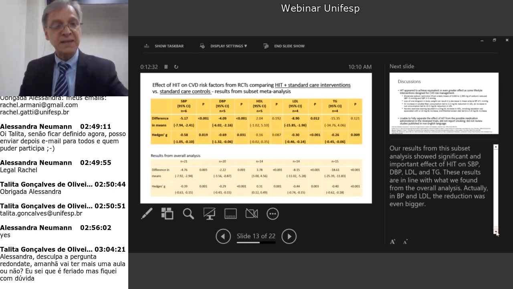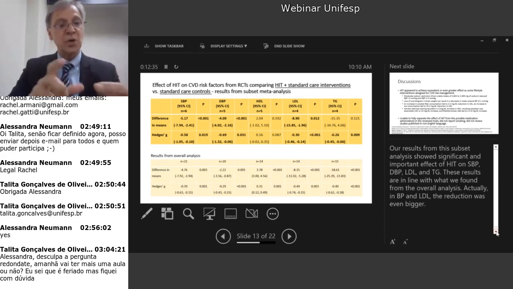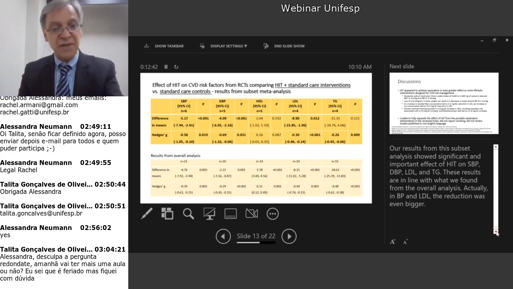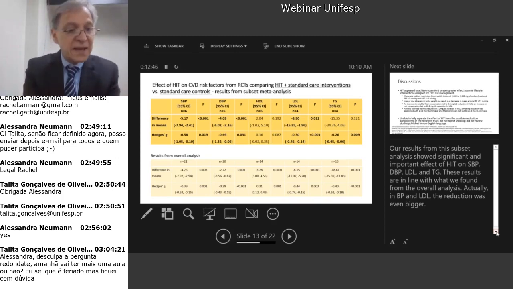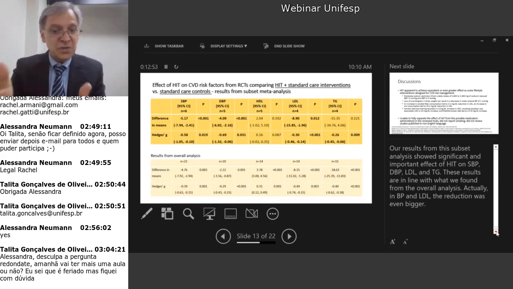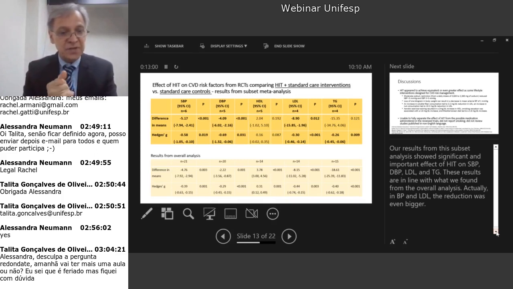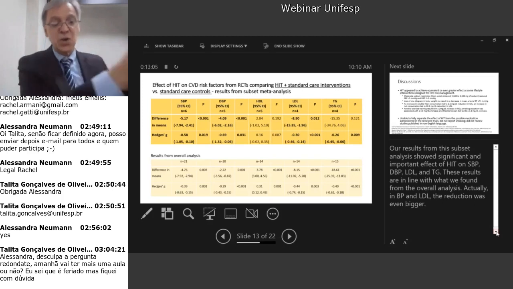So in here, I did a meta-analysis by contrasting only those studies that have standard plus HIT versus standard care. It's a smaller number of studies, 6, 5, not all 30-some studies. And in those, it still replicated the same effect, okay? The triglycerides were still negative, but for LDL, HDL, diastolic blood pressure, systolic blood pressure, there was still a significant effect like in the original study.